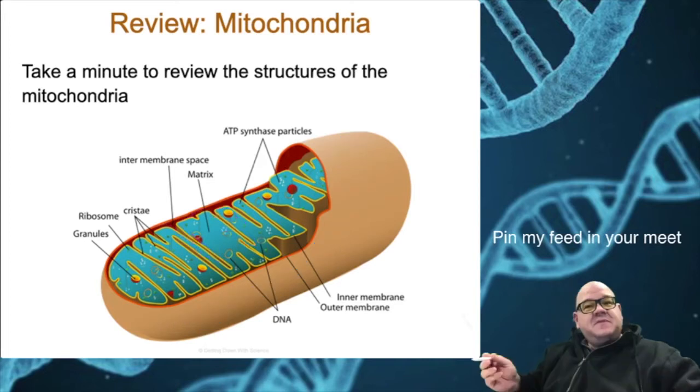Some other things you might see in here, if you really zoomed in, I'm not sure if your image quality is good enough. There are little rings of DNA inside of the mitochondria. Where else do we see creatures with rings of DNA? Yeah, instead of chromosomes. Where else do we see that?